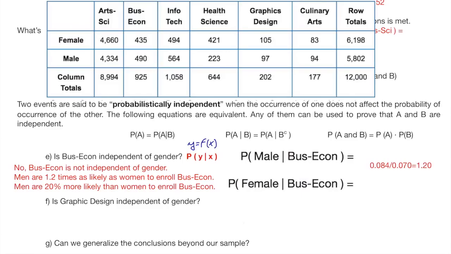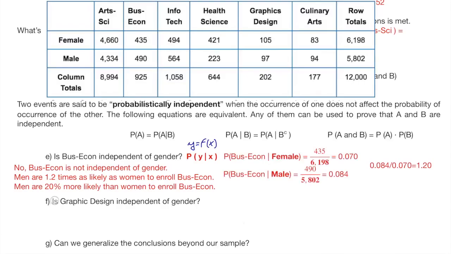With a pair like this, we can conclude that there are more men than women in business economy, but maybe there are more men than women in all the programs because maybe there are more men than women in the total in the college. Remember the idea, probability of y as a function of x, so the x is given and the values of x must change.